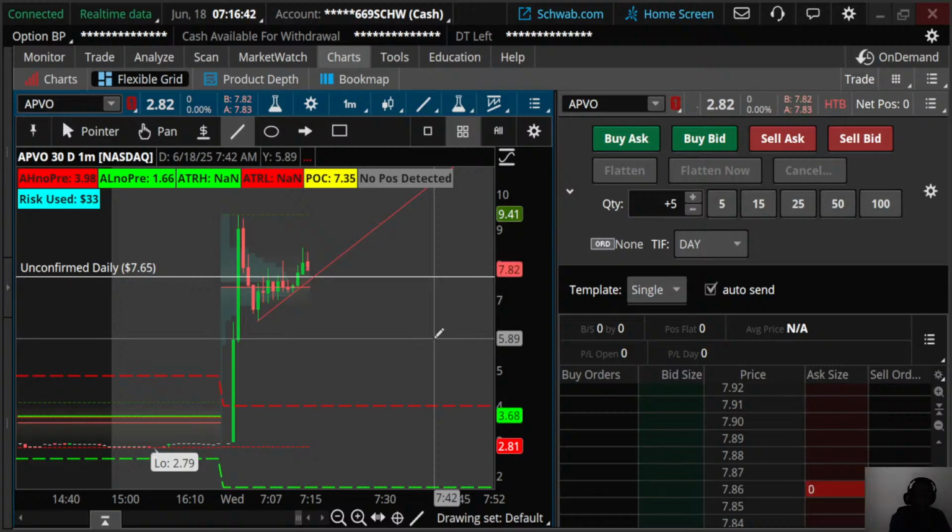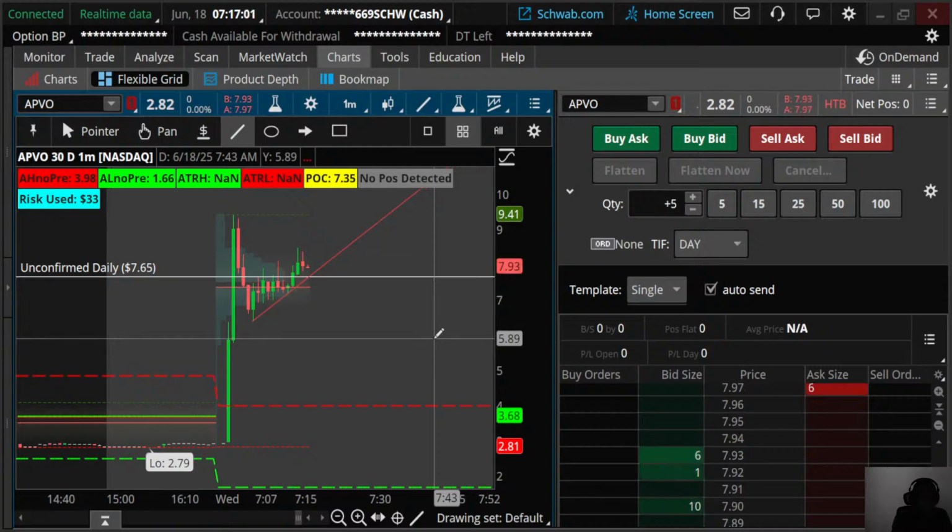Pretty steep too, pretty unrealistic. Right back down to that 765.